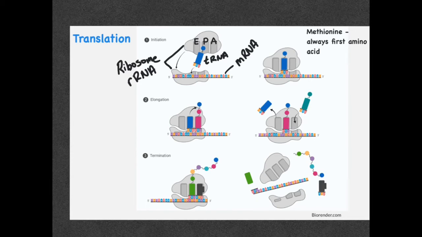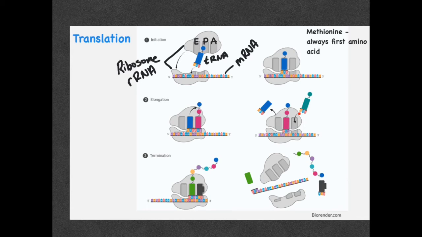As the tRNAs continue to come into the ribosome, it will continue to build up the polypeptide chain by the addition of amino acids. The tRNA will enter into the amino acid site, then it will move to the polypeptide site where the amino acids will be joined together, and then it's going to exit through the exit site.